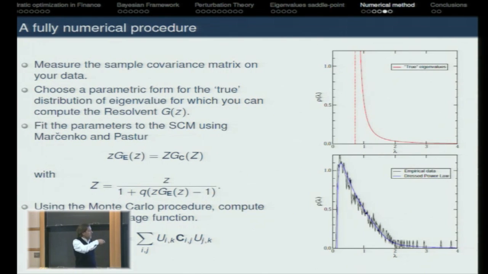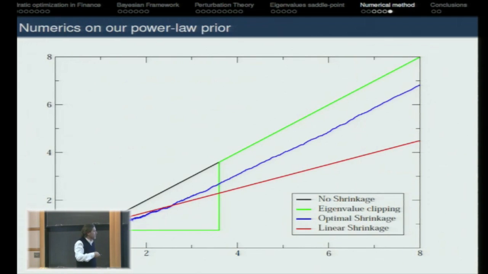Just want to say that you could actually do everything numerically. Forget about all the theory, and take your data. This is again the same curve of true eigenvalues. These are the eigenvalues, the eigenvalue distribution, that if we inject in Marcenko-Pastur fit the data pretty well. So now we have a prior that's just a numerical prior, but nevertheless we can do the Monte Carlo on this numerical prior, and we get an estimate, the blue curve here.